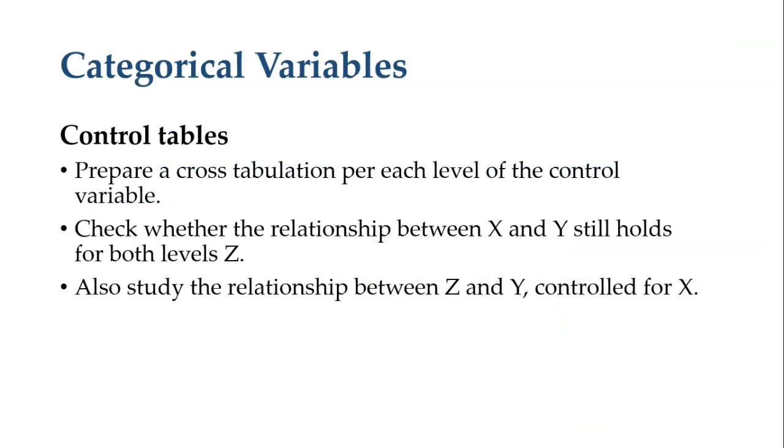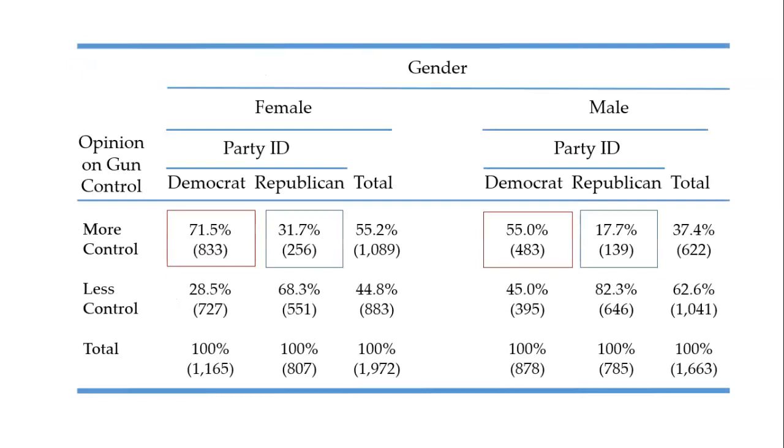As I said, it's also relevant for the analysis to see what happens in the relationship between c and y controlled for x. We see the other kind of relationship, and what we do here is keep constant the type of partisanship. For instance, we compare female Democrats with male Democrats. The hypothesis would be that women tend to be more supportive of stricter gun control policies.